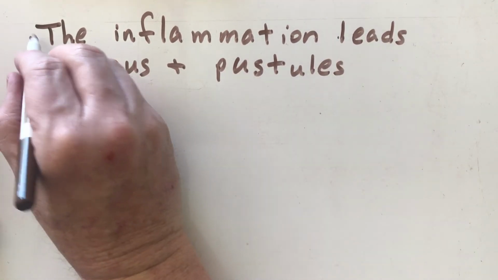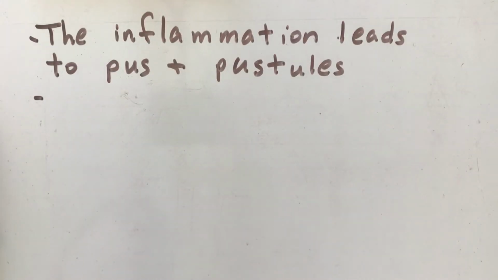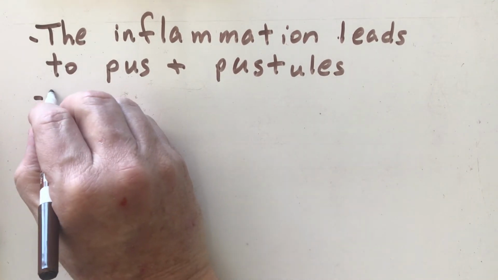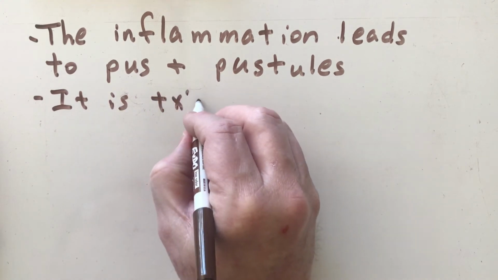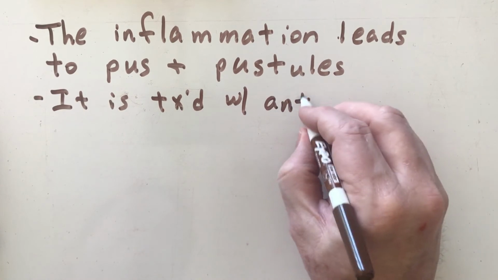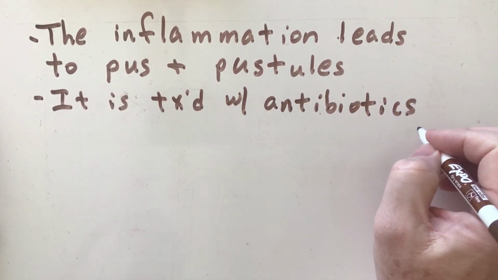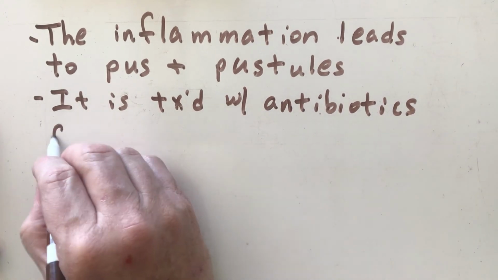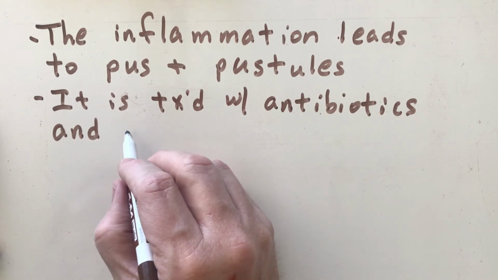Right? So how do we treat this? It's treated with antibiotics, because if we can fight off the Propionibacterium, we don't need the immune response to be as bad. And sometimes if you go to a grocery store, you may buy something called benzoyl peroxide.